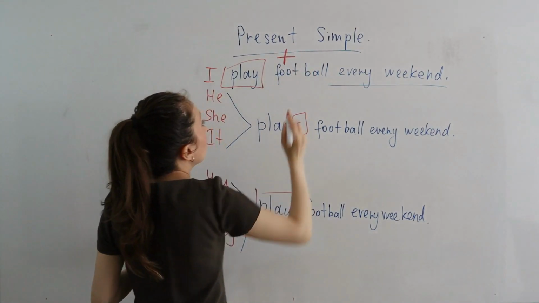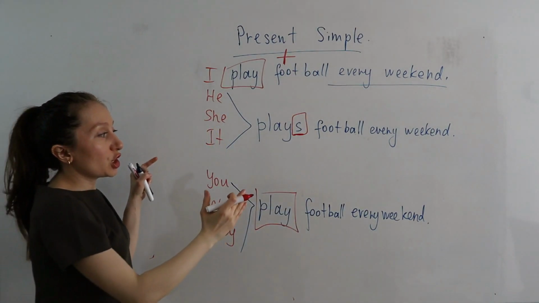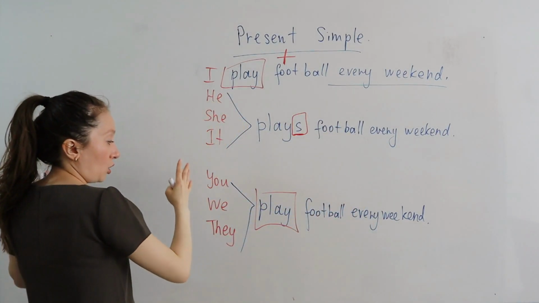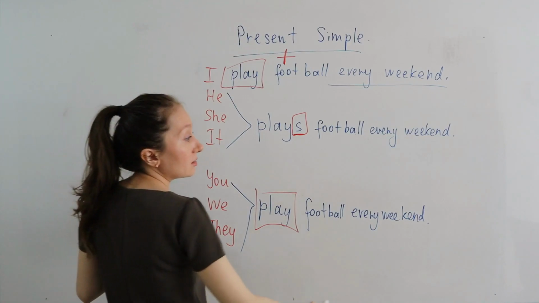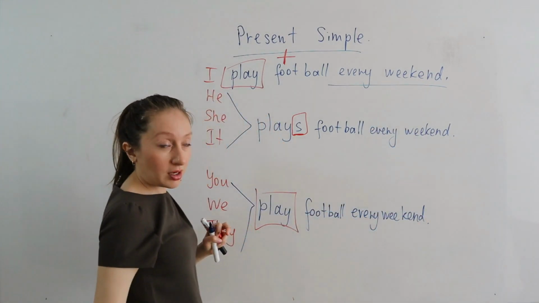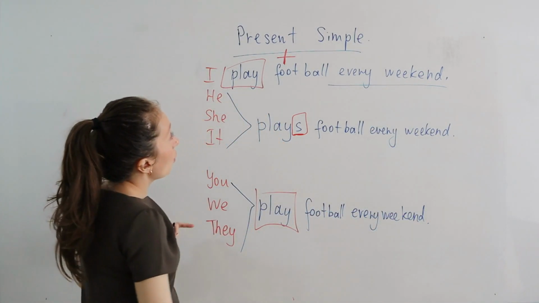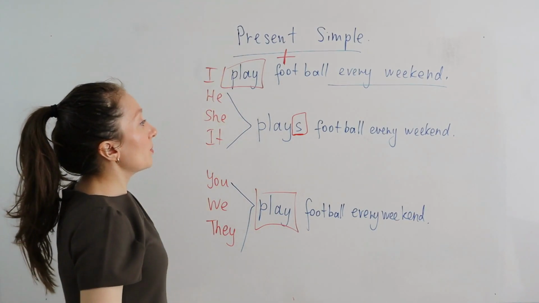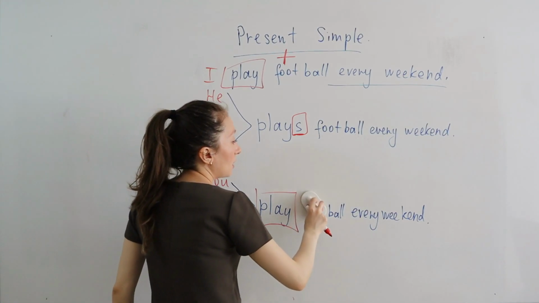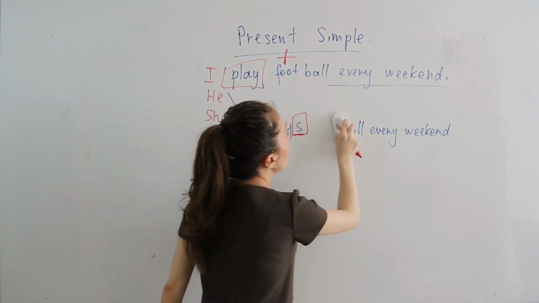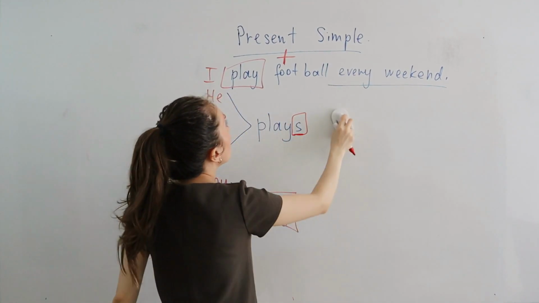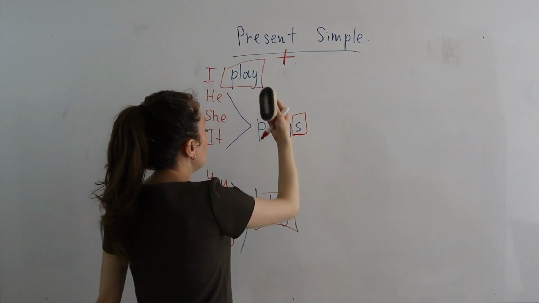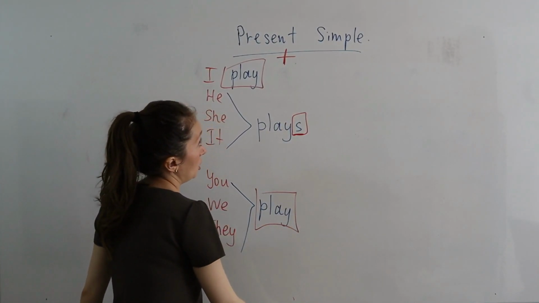So this is positive sentences. Do you remember that usually we do three structures? We have positive, questions, interrogative, and negative sentences, right? So now we will try to show how can we make questions in present simple. For example, I will clean the rest of the sentence so you know already. So it's kind of an example to show how the verb changes.